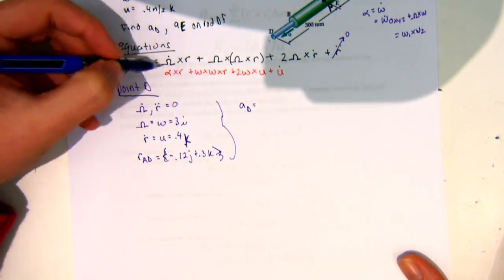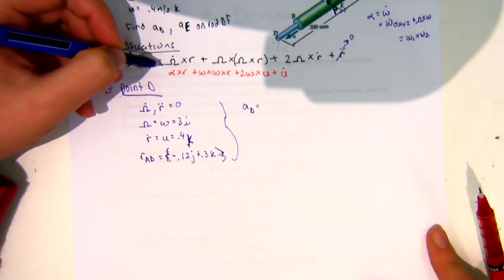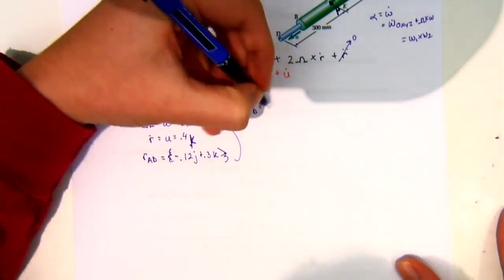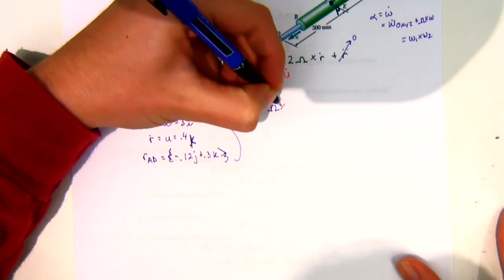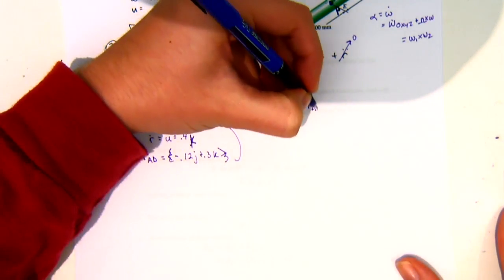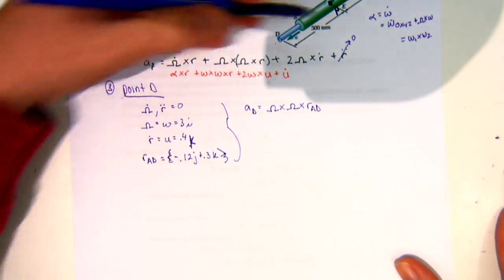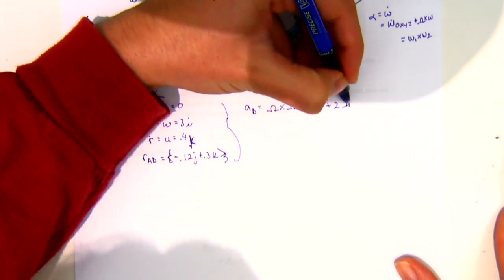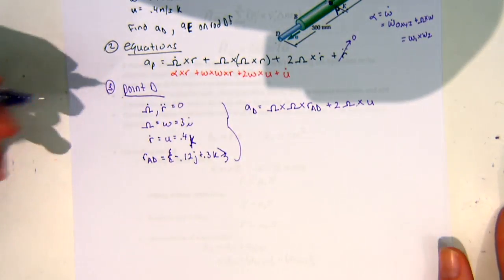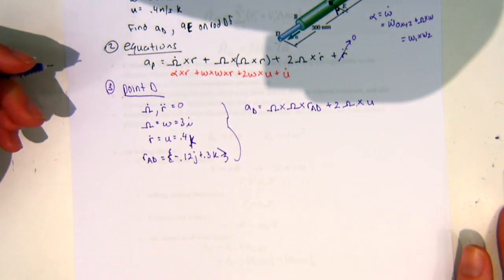So, acceleration of point D. We already said that the omega dot was 0, so that component's 0. So now I have my omega cross omega cross R_AD, and then I have plus 2 times omega cross R dot, or cross U. See, there I go, I'm sorry.